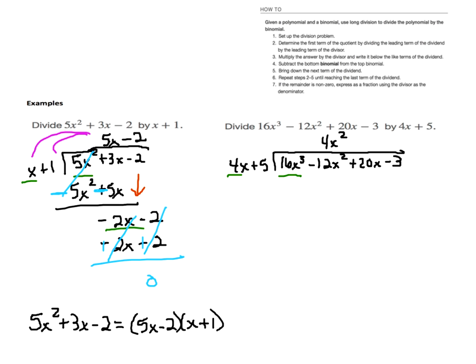And now I'm ready to multiply back down. 4x squared times 4x is 16x cubed. And 4x squared times 5 is positive 20x squared. I need to change my signs.